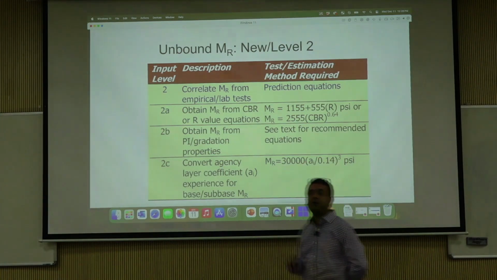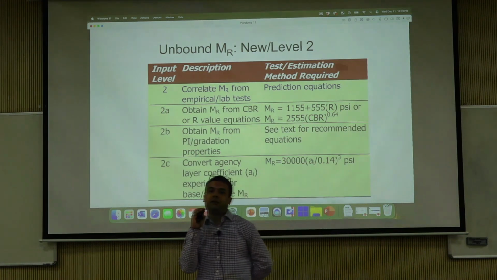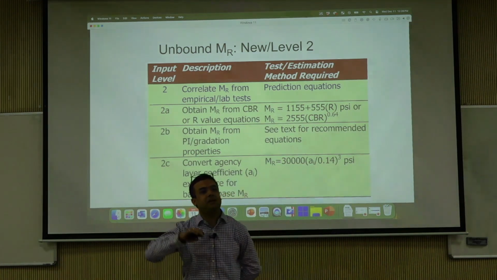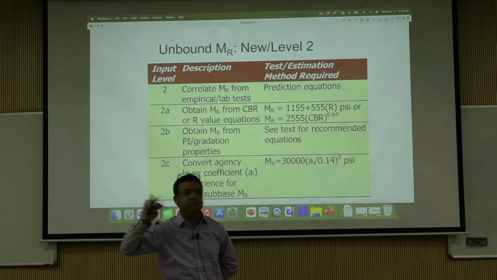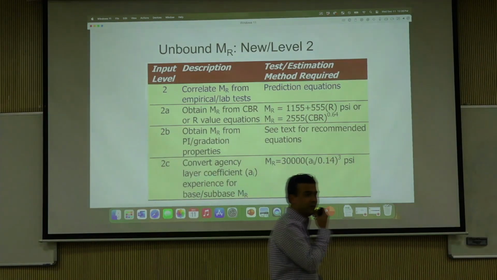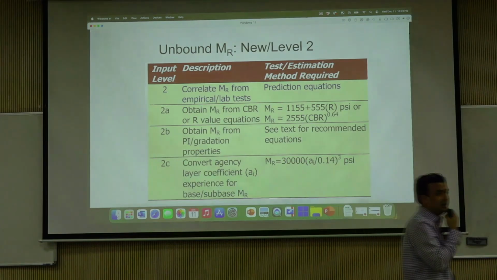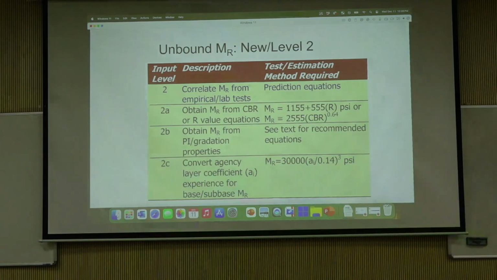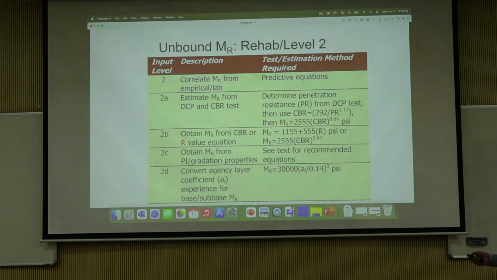So now you are trying to relate structural coefficients to resilient modulus, which is a little bit far-fetched. But again, if you don't have anything, you have to do something, right? I don't agree this is really level 2, because A is not really determined by testing anyway. A is kind of an iffy parameter. There is DCP and CBRs.